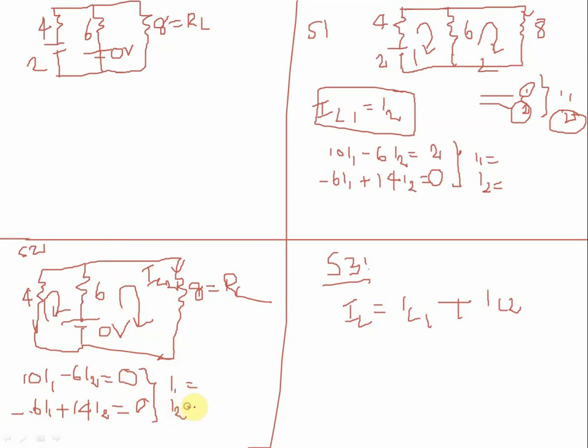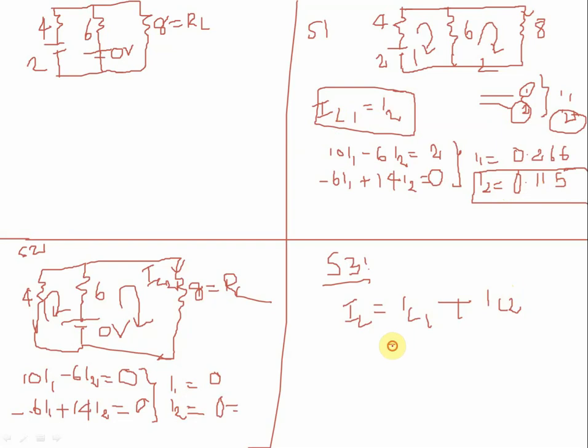But when more than one source is present, then you need to implement the superposition theorem. This is I1, I2. So IL1 is the flow of current, I2 current is 0.115.